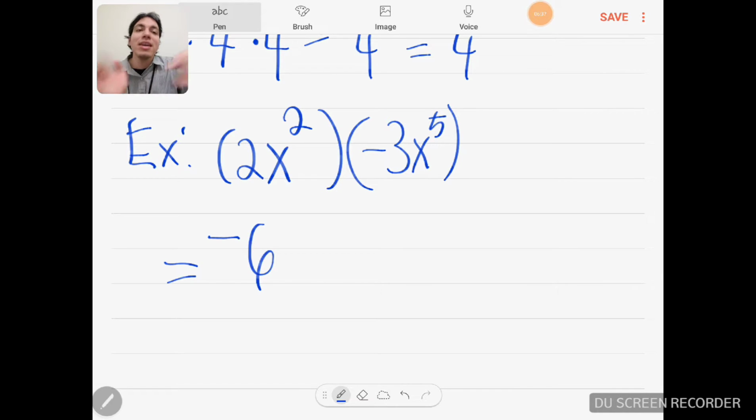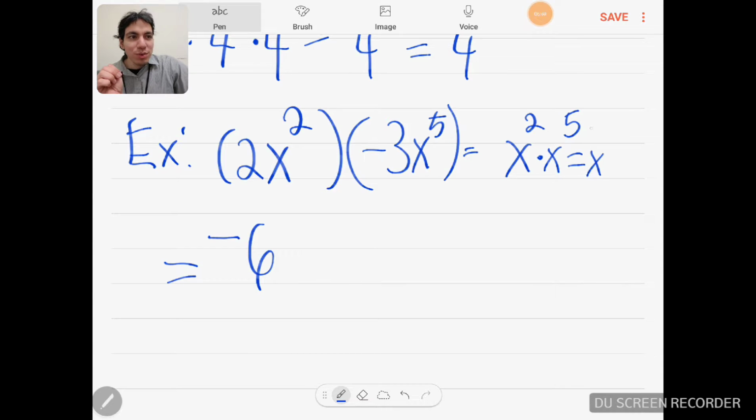Good, we got that out of the way. Next, we do the exponents. This is x to the 2nd times x to the 5th, which is x to the 2 plus 5, simply x to the 7th as your answer. Granted, if you're really good at this, you can just look at it and say, I know what this answer is going to be.